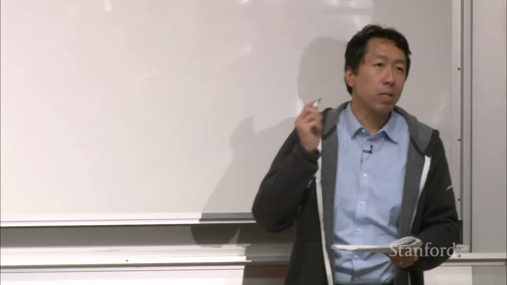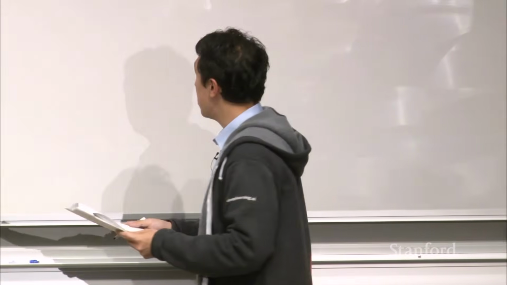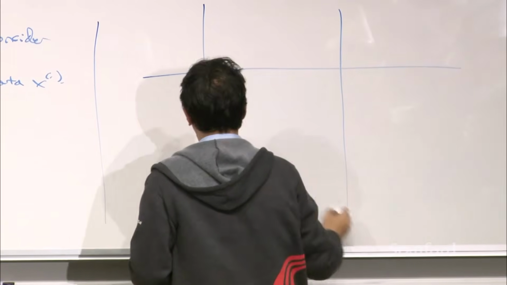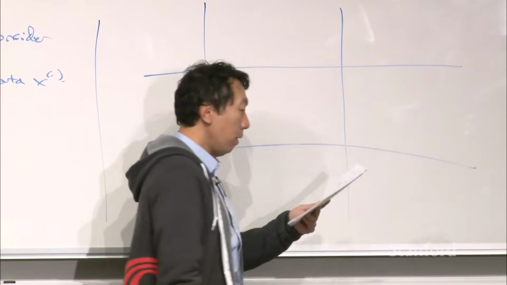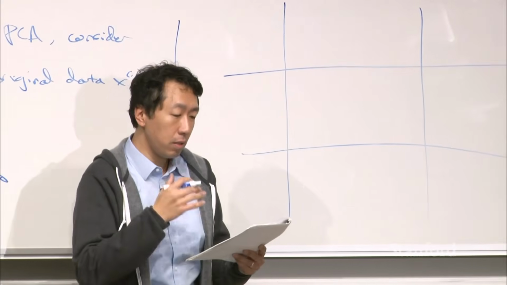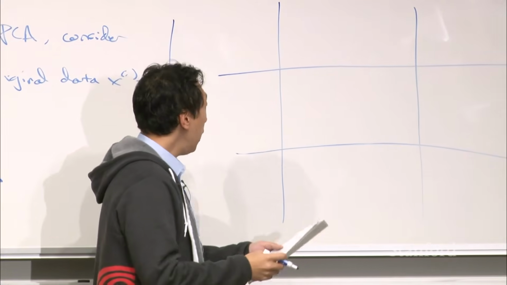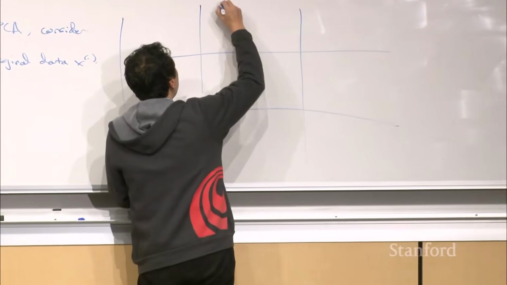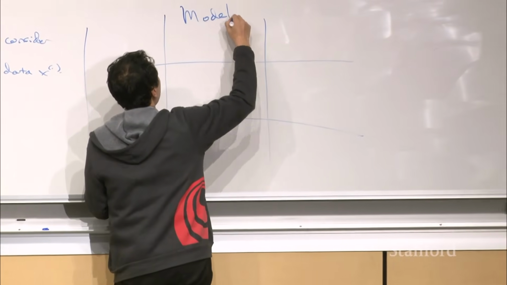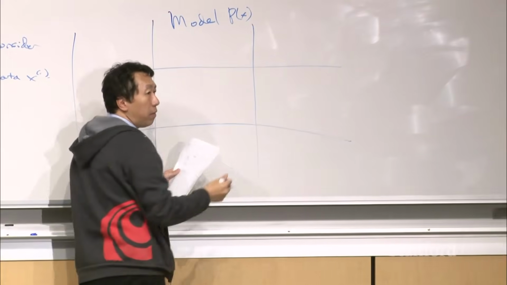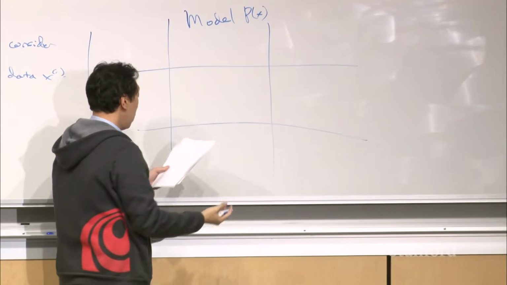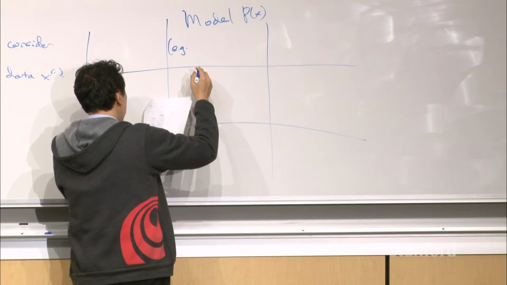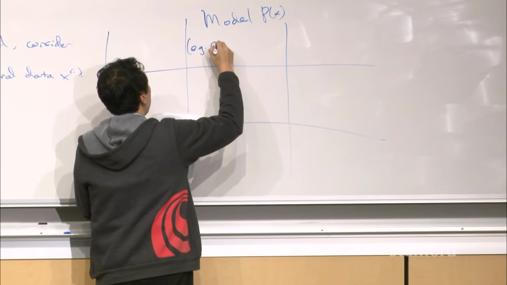Okay, so question, when do you use PCA and when do you use factor analysis? What I'd like to do is take the 4 unsupervised learning algorithms we talked about and put them into this framework. Some of the algorithms we talked about would model P of X, the density of X, and one reason you might want to do that is anomaly detection.